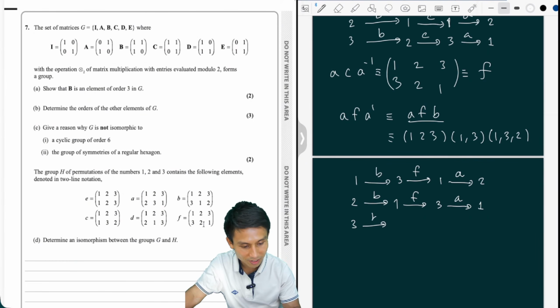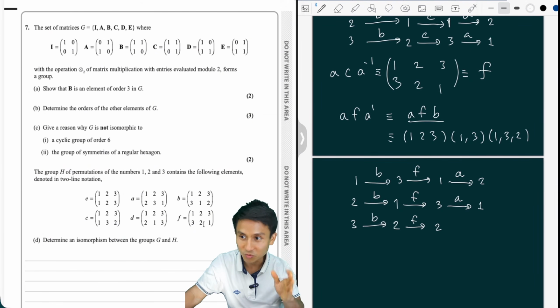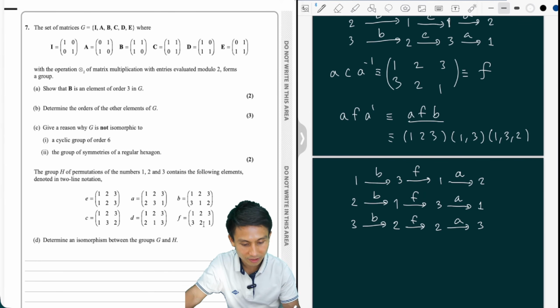3, applying operator B, you get 2. Applying operator F, you get 2 because 2 is not in the F permutation there. So we get the same number. And then 2 applying operator A, we get 3. So what is this? This is 1, 2, 3 and 2, 1, 3.